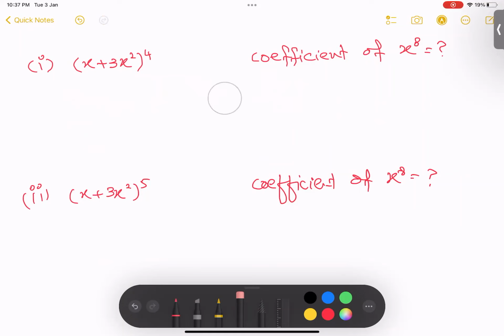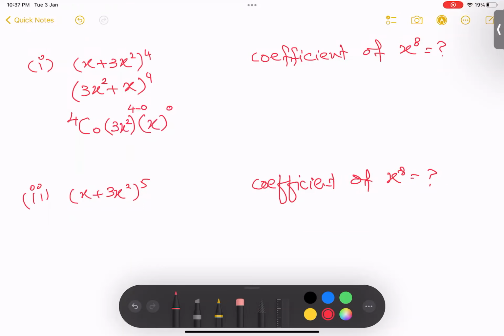If I change the order, putting 3x squared in the beginning and x later, let's see what happens. 4C0: there are two values, 4 minus 0 comes as the first power, 0 as the second power, with 3x to power 2 and x here.